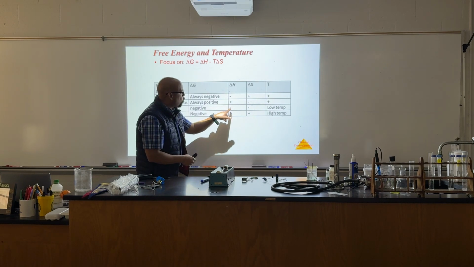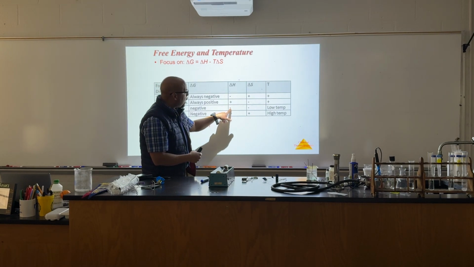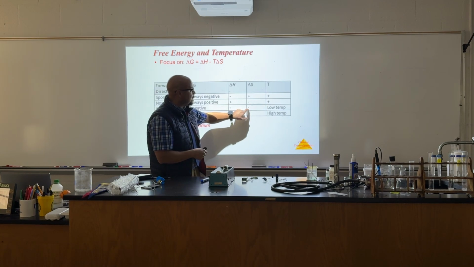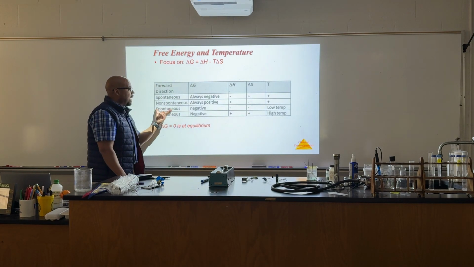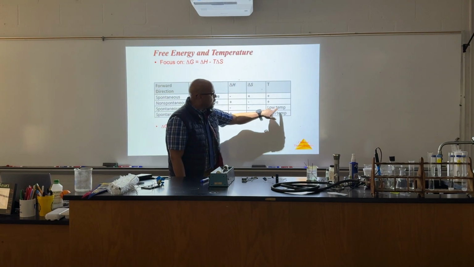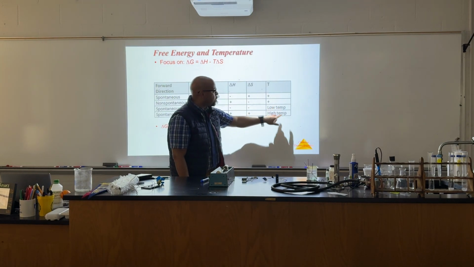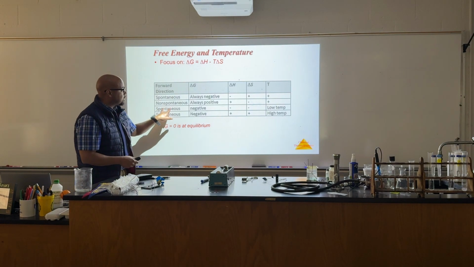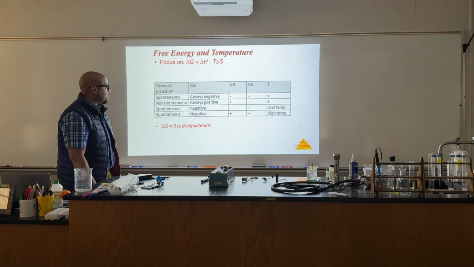So it's like you're giving her one thing here that's positive, she's happy about it, but over here it's like, no, this is not a good condition. If I want this thing to be spontaneous, if the delta H and the delta S are negative, we're going to see in a second that I just need the temperature to be low in this case. And if I lower the temperature enough, I can force this thing to actually become spontaneous.